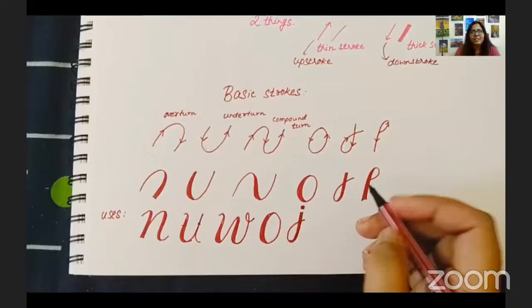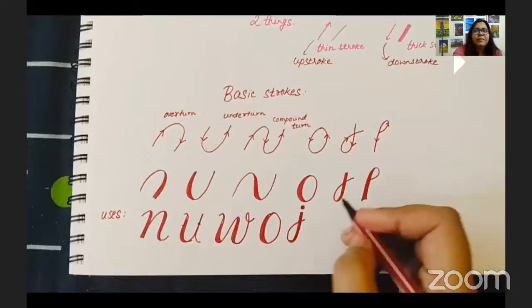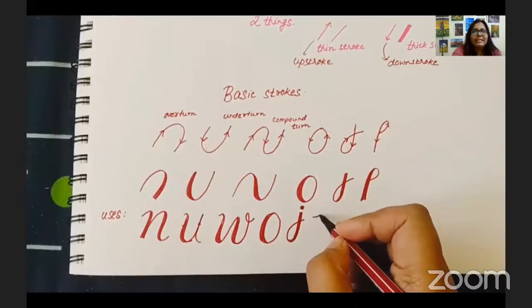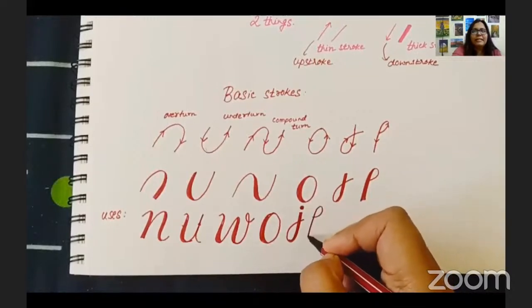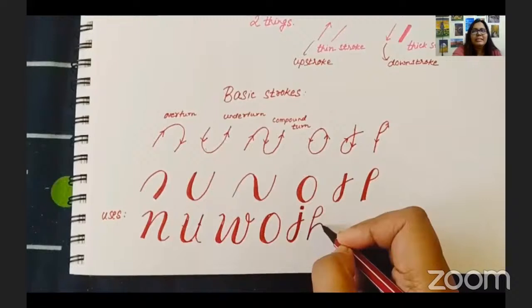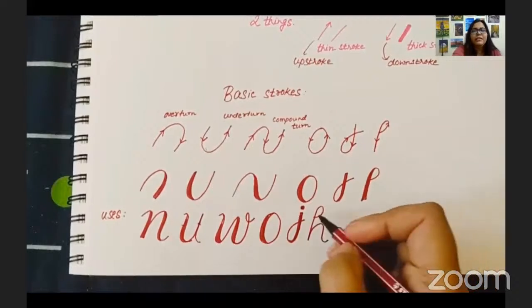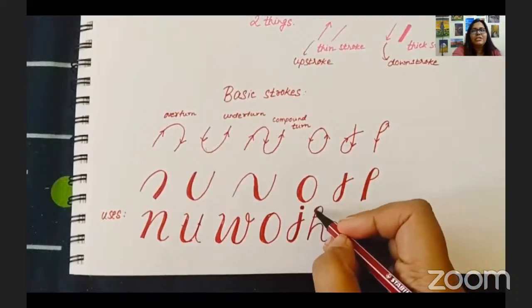Where will we be using this? Okay, so we will be using this while writing H, right? The letter H. So just see, like this, and this. Okay, so here we have the letter H.